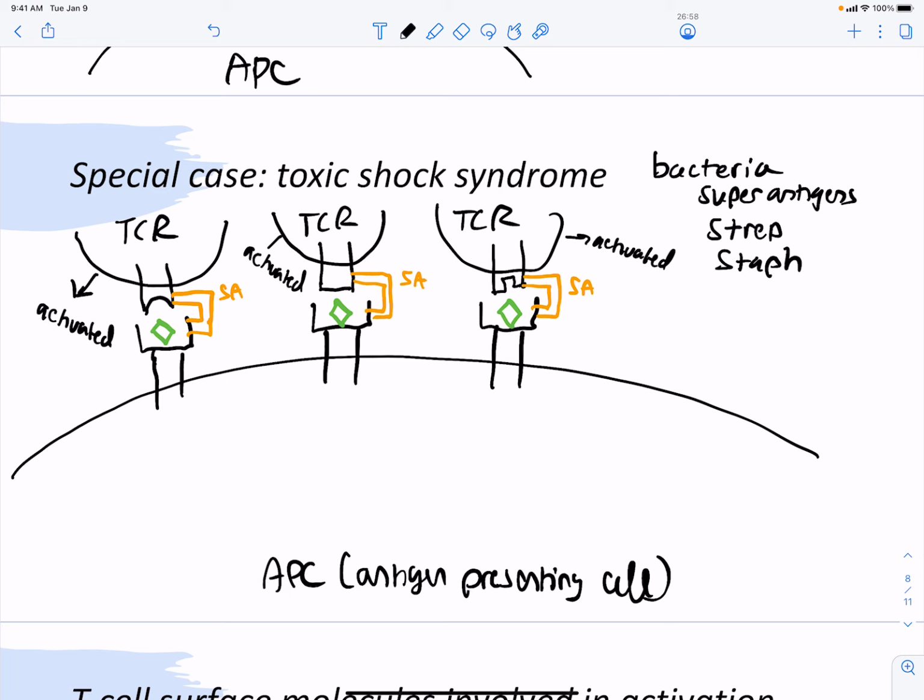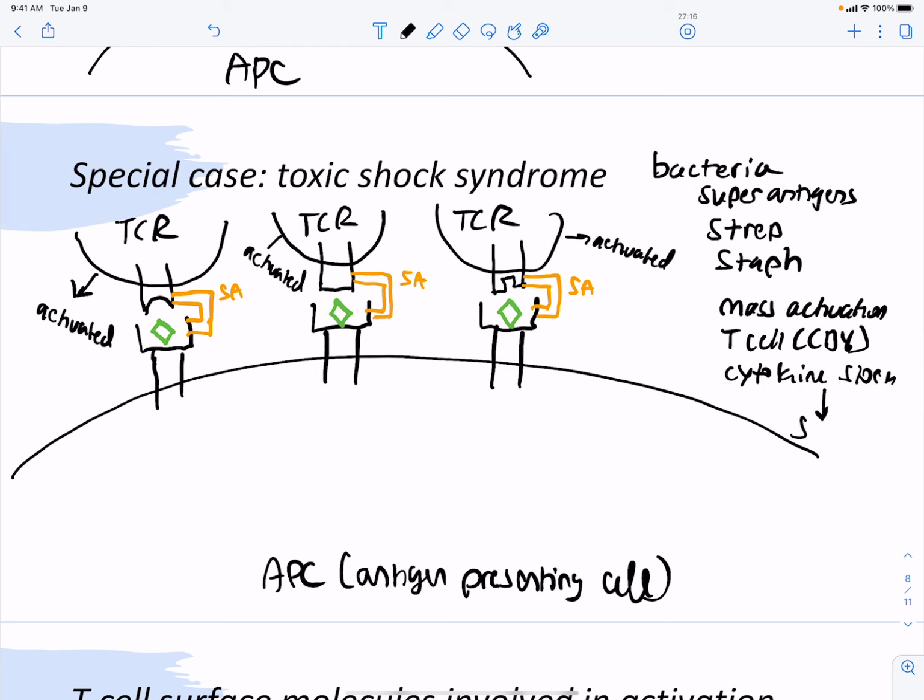So you get mass activation of T cells. And this is the CD4 type. And you get cytokine storm, which leads to shock, which can lead to death.